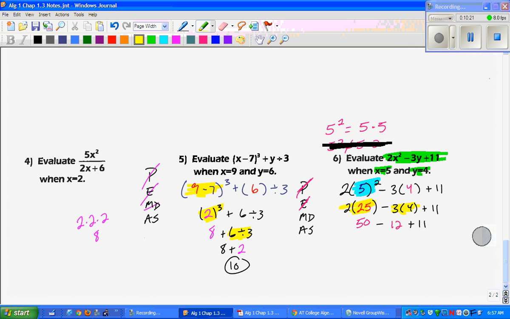Now, order of operations: we cannot jump to the addition back here because subtraction comes first. 50 minus 12 gives us 38. And then at the end, add everything up, and we get 49.